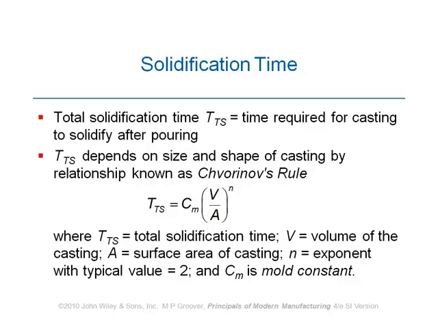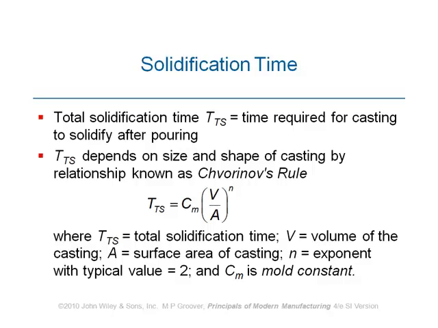There is an important equation in this slide here, total solidification time, TTS, which is defined as a function of V, which is the volume of the cavity, and A, its surface area. This is a very important equation in the casting process. When you can compute the solidification time for a given part, then you can also compute the solidification time for the riser.